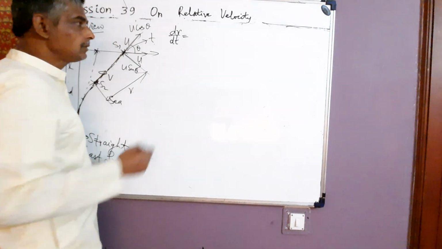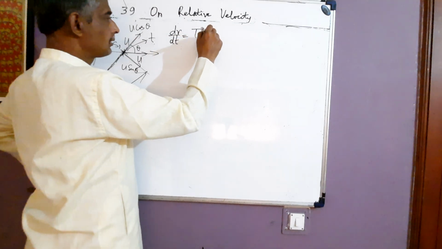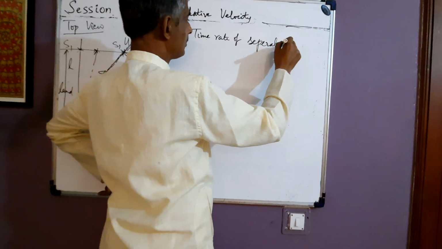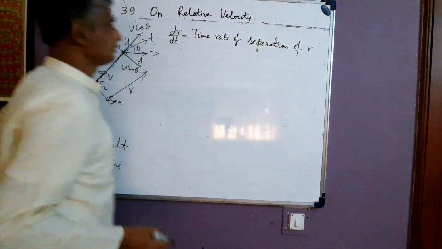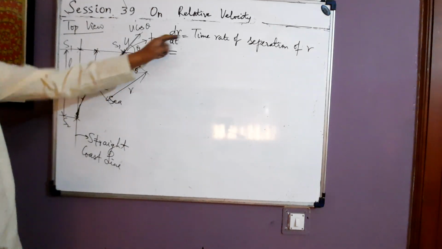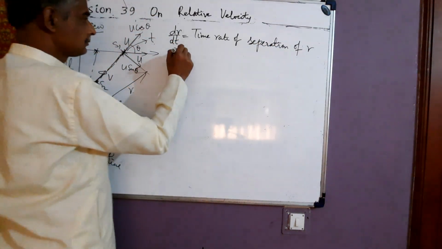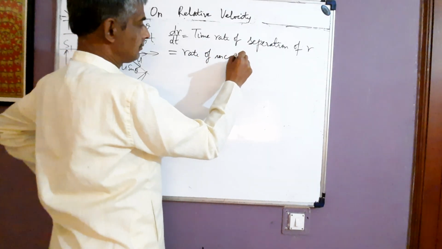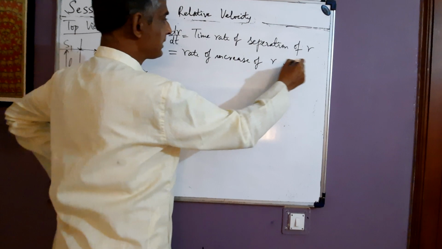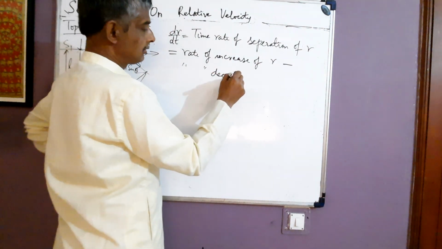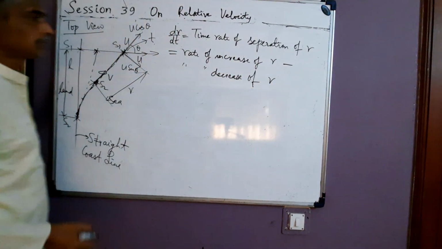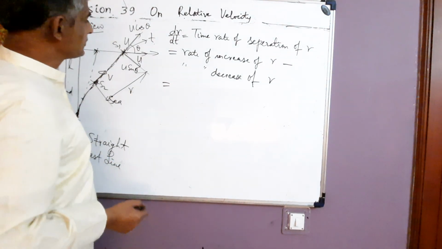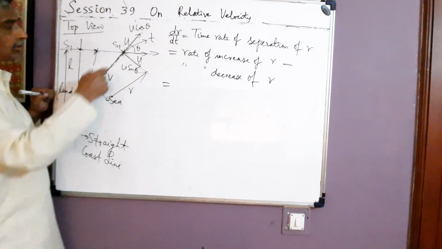So dr by dt is the time rate of separation of R. That is equal to rate of increase of R minus rate of decrease of R. Now see, rate of increase of R and rate of decrease of R will be decided solely by the component of velocities of u and v along the line joining S1 S2.